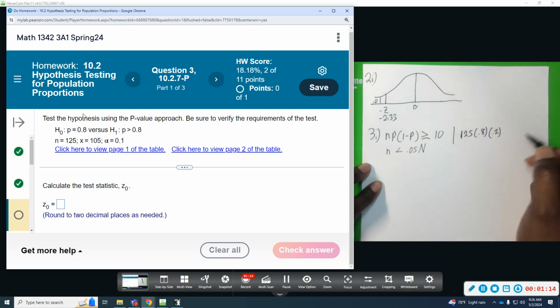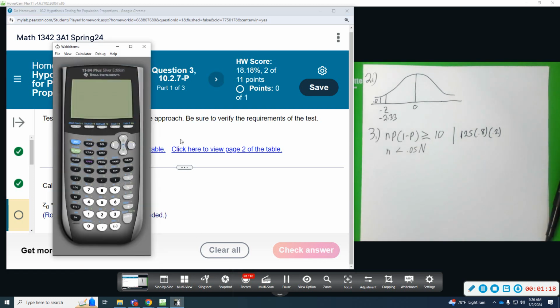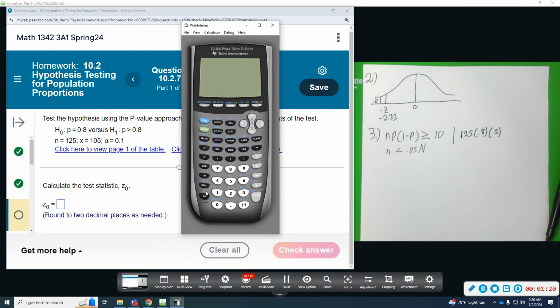So we would multiply and check that that is greater than 10. Pull up this calculator. So we're going to do 125 times 0.8 times 0.2. And we get 20, that's bigger than 10.